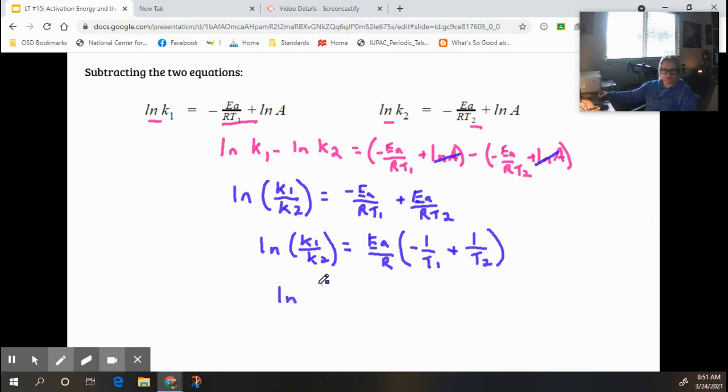And then just to clean this up a bit, so I'm just doing a subtraction instead of adding a negative value, 1 over T1 minus 1 over T2.